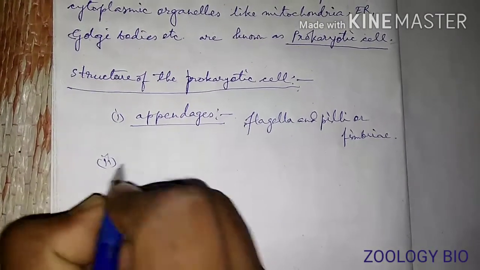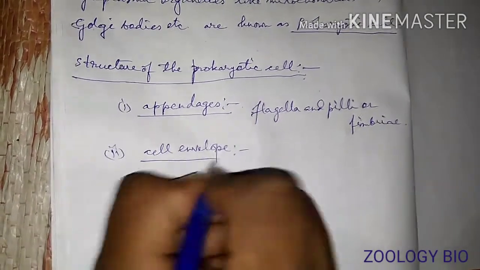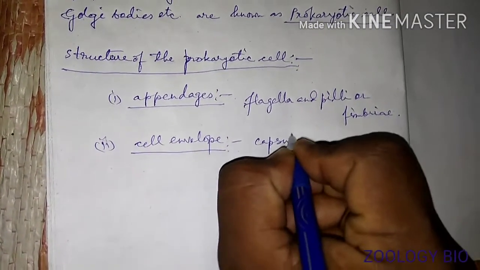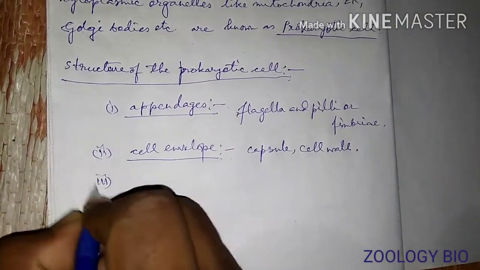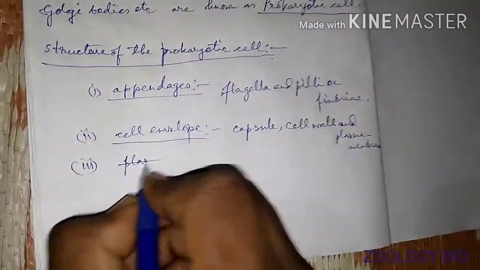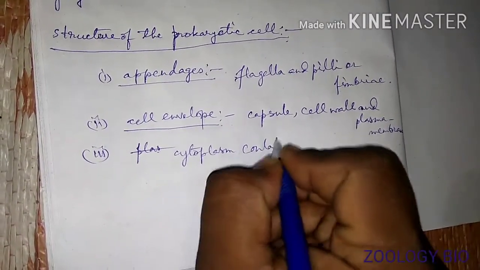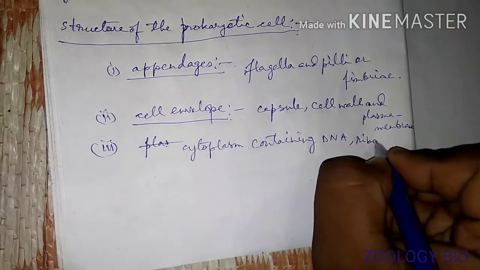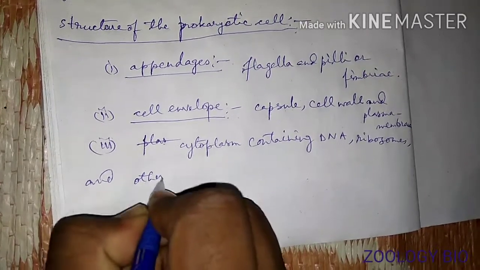The second one is the cell envelope, which consists of a capsule and cell wall, and the third one is the plasma membrane. Then the cytoplasm, containing DNA, ribosomes, and other inclusions.